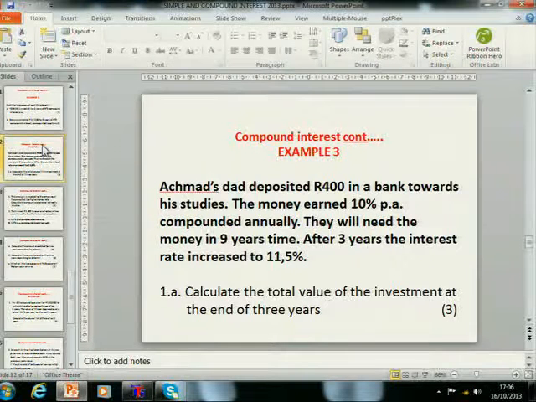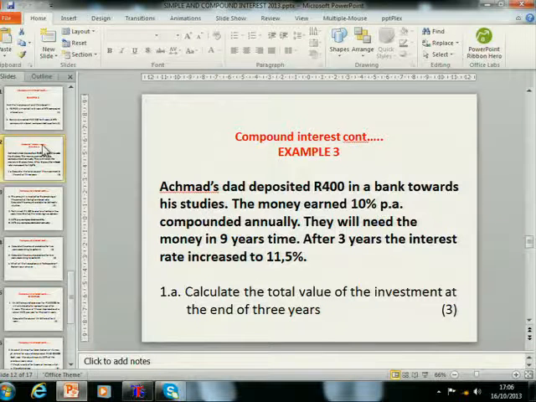What do we have here? We have the principal amount, which is 400. What else do we have? We have our interest, which is 10%. What else do we have? It's compounded annually, so nothing is going to change. They will need the money after 9 years.